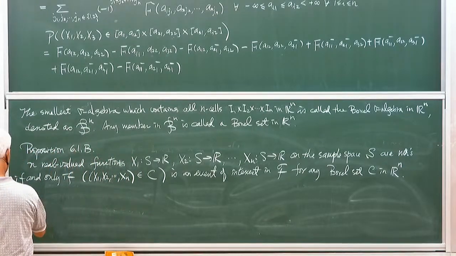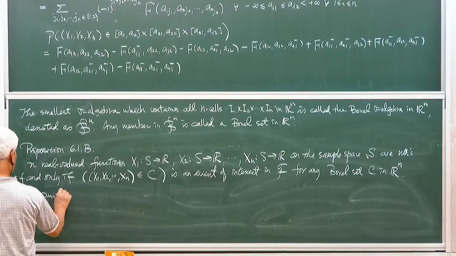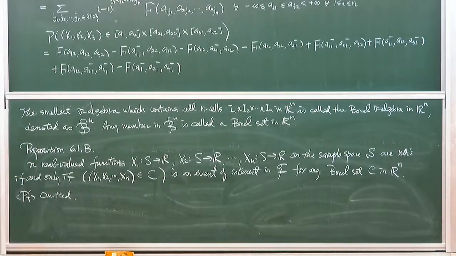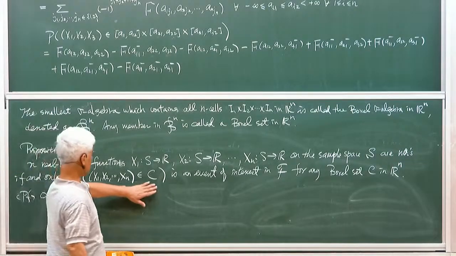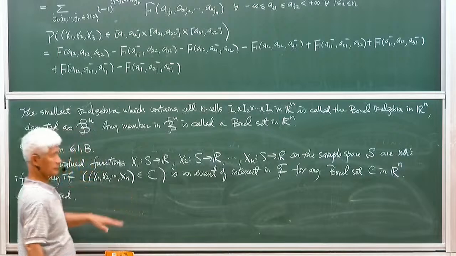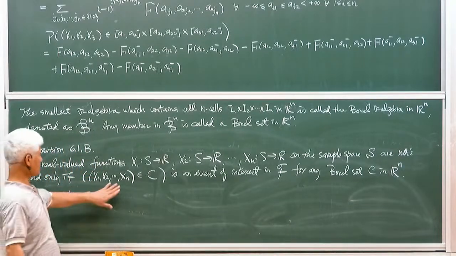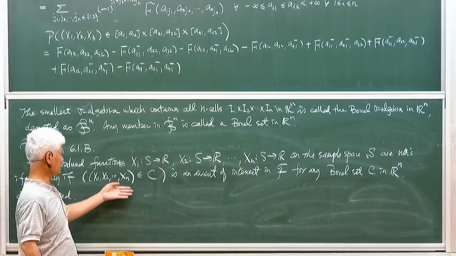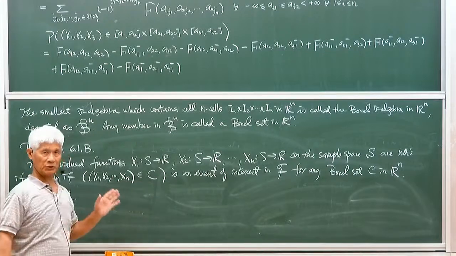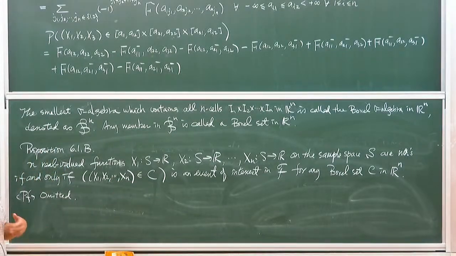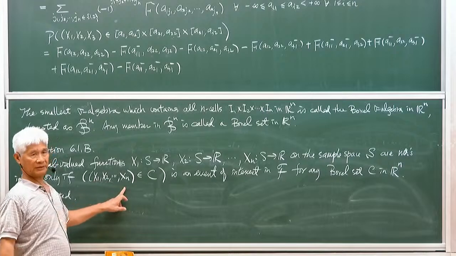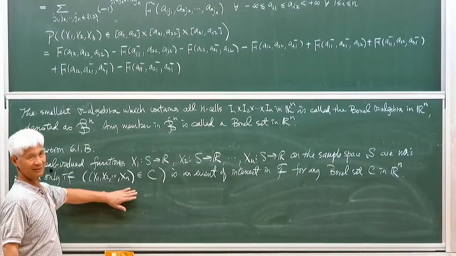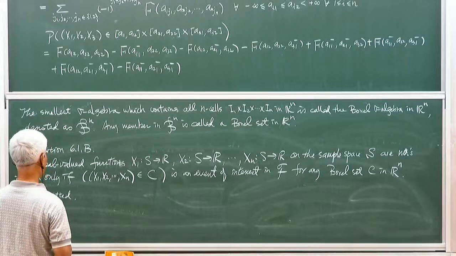And the proof will be omitted. So you can see that this is the event which can be described by the n random variables x1, x2, up to xn.